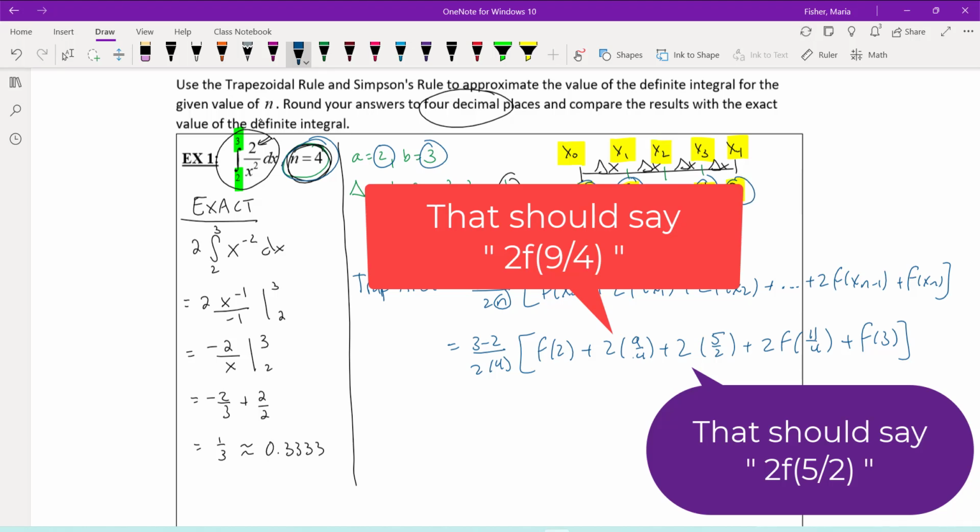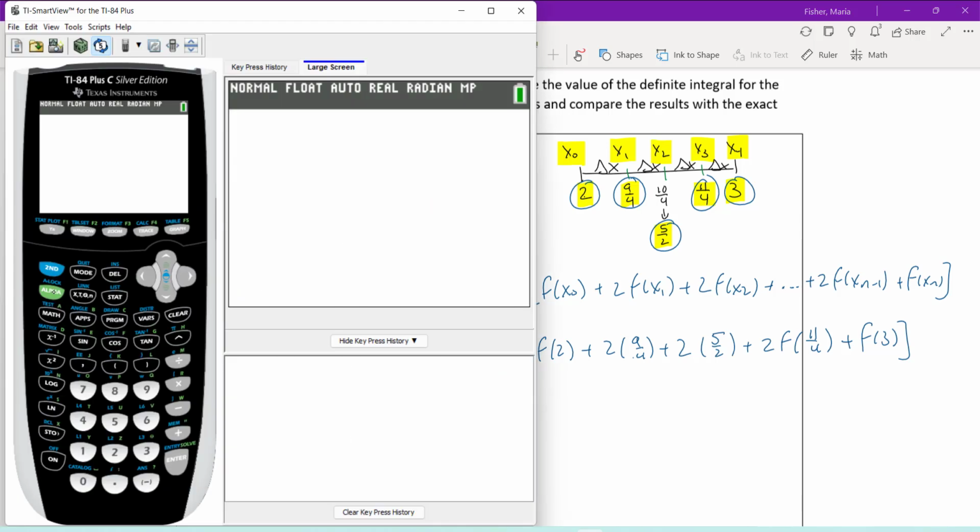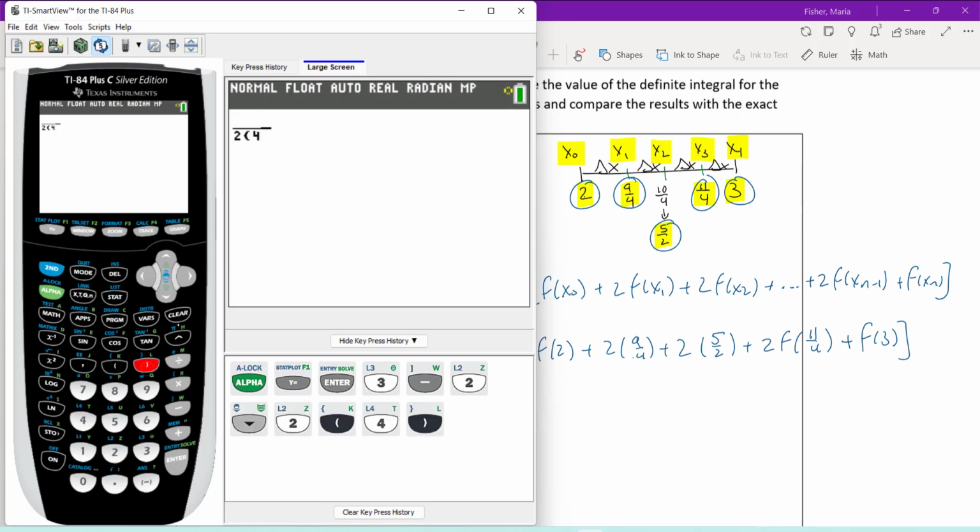If we were to put that in a calculator, well, remember the function here is 2 over x squared. Using alpha y equals for a numerator and denominator, that's going to be (3 minus 2) over 2n, so 2 times 4, and then times, remember the function is 2 over x squared.